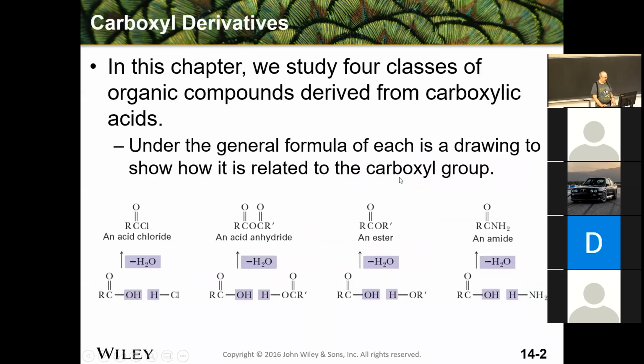Okay, let me back up. We're going to focus on four classes of organic compounds, four different functional groups, and these are derived from carboxylic acids.